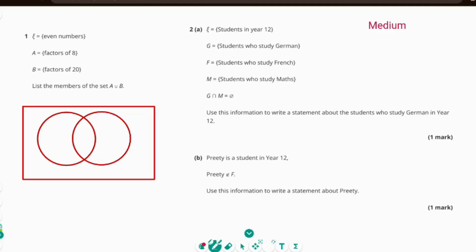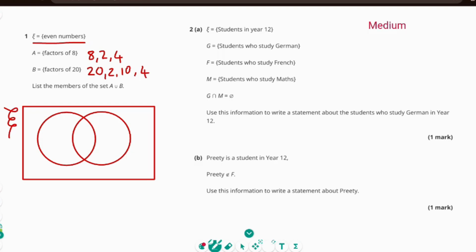We've got 1 and 8, 8's even. 2 and 4, 2 and 4 are both even. Just check that 1, 8, 2, 4, but 1 is odd, so we don't need it because the universal set is even numbers. Factors of 20, 1 odd, 20, 2, 10, both even.